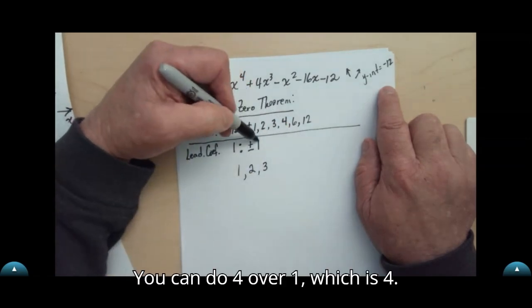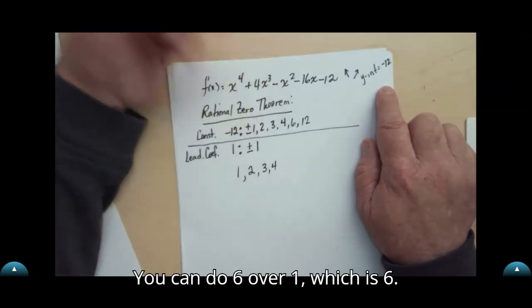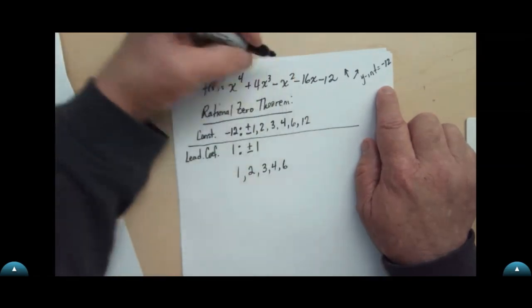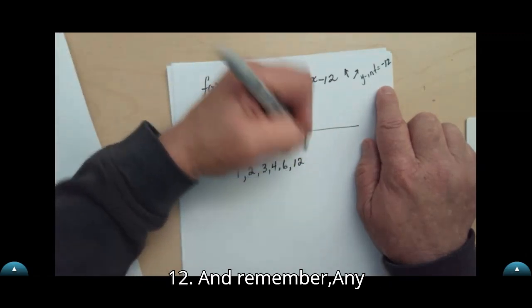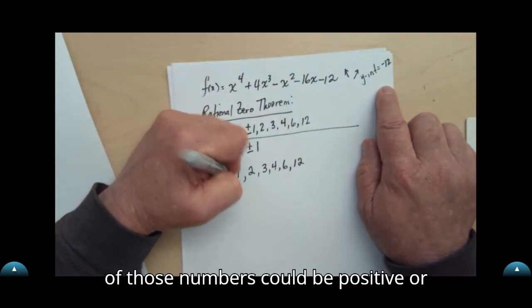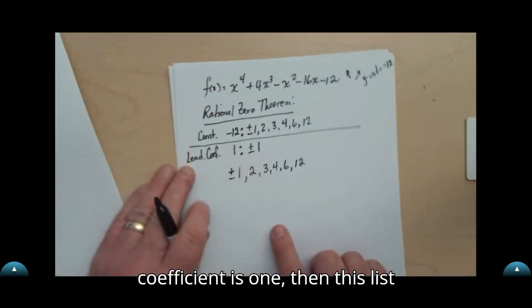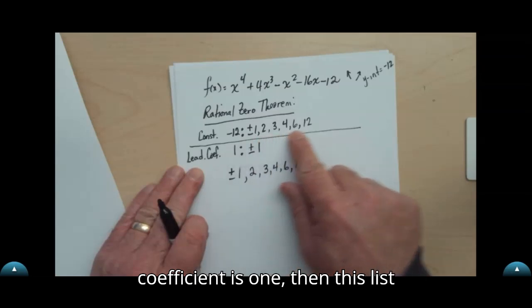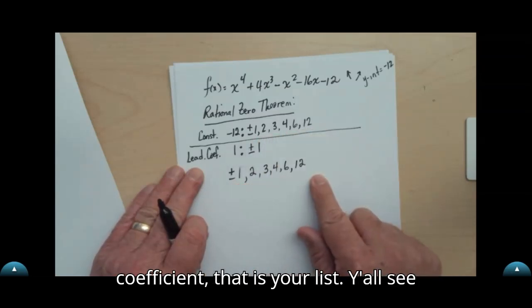You can do 4/1, which is 4. You can do 6/1, which is 6. Or you could do 12/1, which is 12. And remember, any of those numbers could be positive or negative. So notice if your leading coefficient is 1, then this list of all the factors of the constant term is your list. Y'all see that?